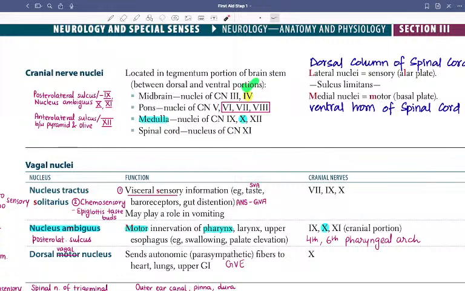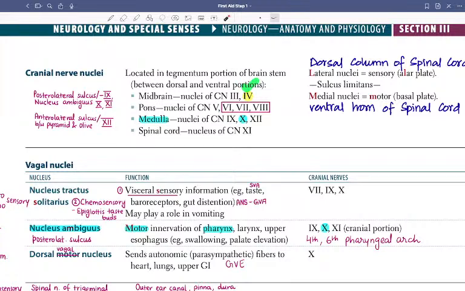Third and fourth are obviously at the level of the midbrain. Third is superior colliculus, fourth is inferior colliculus. Next we had pons. Fifth was the trigeminal ganglion. These are all at the level of the pons: fifth, sixth, seventh, and eighth.